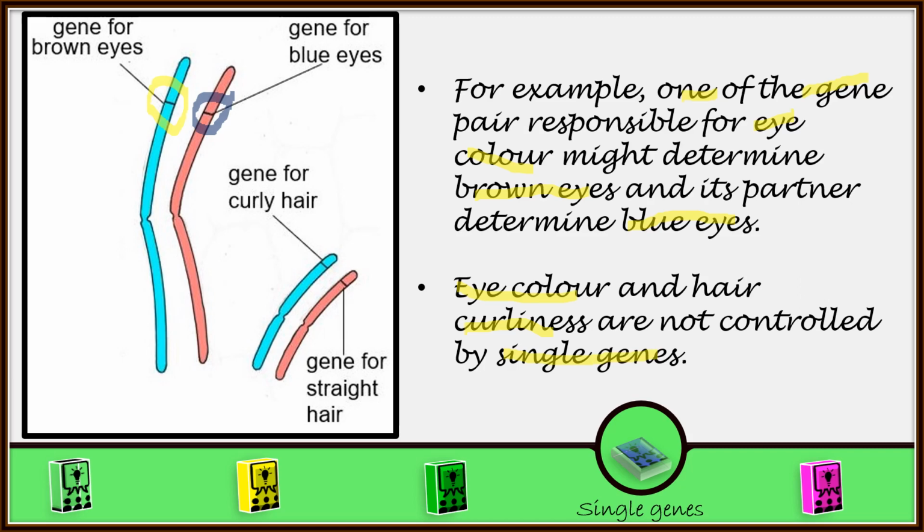For example, here we are looking at eye color, and you can see that it is not a single gene controlling the eye color. It is controlled by more genes. And here we have the hair color. It is not controlled by one gene, but by very many genes.